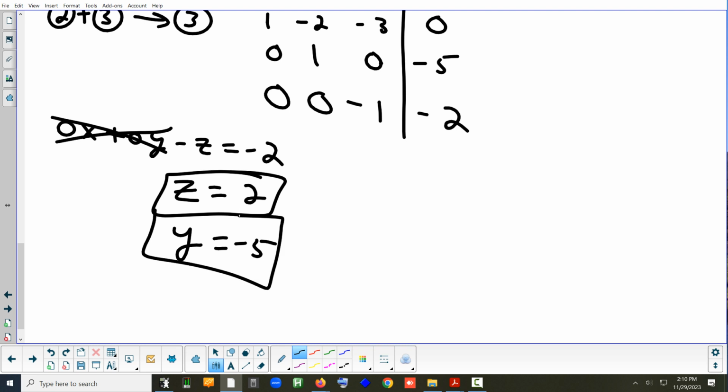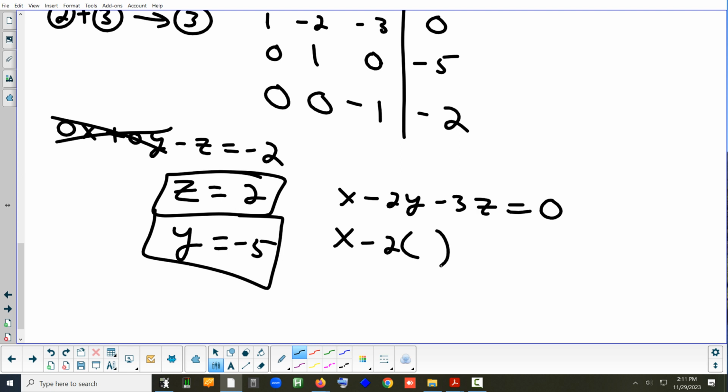So we automatically get the second row. And now let's go back up to the top row. x minus 2y minus 3z equals 0. Now you have to substitute in the two things you know, and then we'll find x.